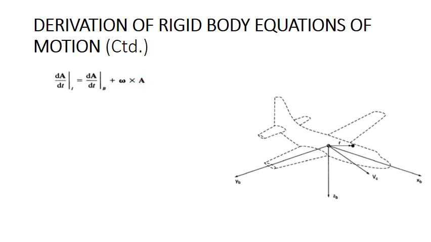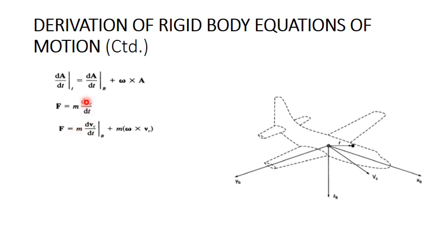Applying this identity to the equation derived earlier, which was F equal the mass of the airplane times dVc by dt, the velocity of the center of gravity of the airplane, we get F equal m.